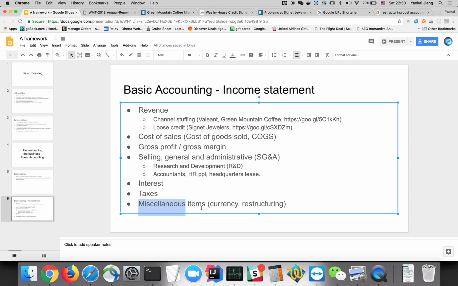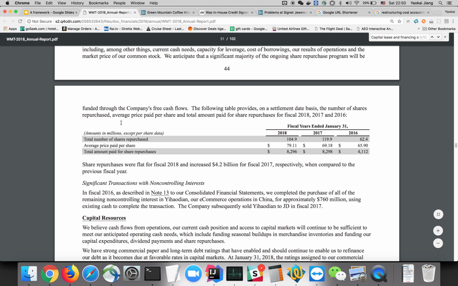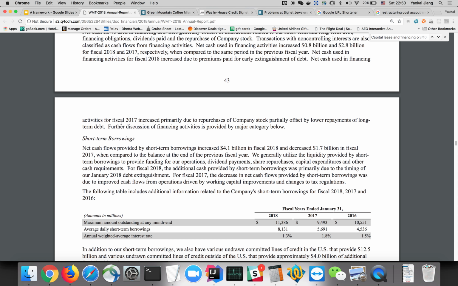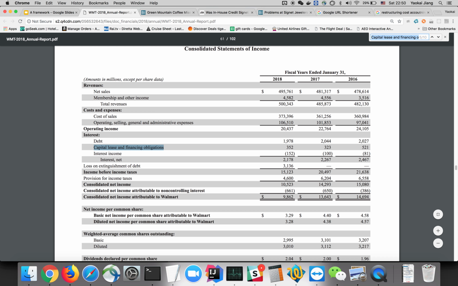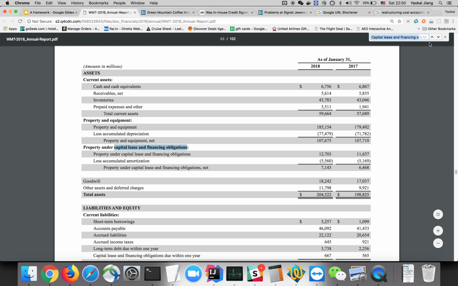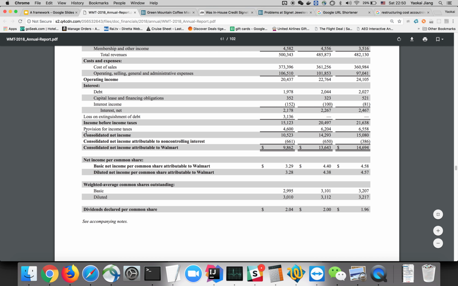And then you got these miscellaneous items. In this case, in Walmart, you got this line here that says loss on extinguishment of debt.